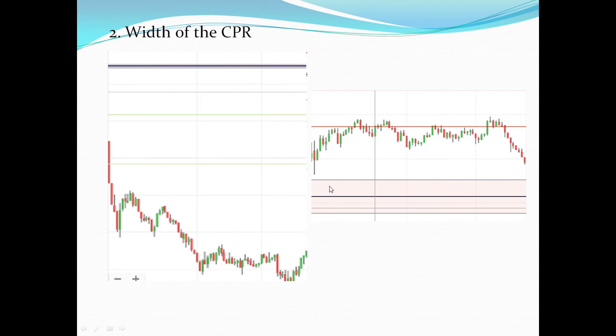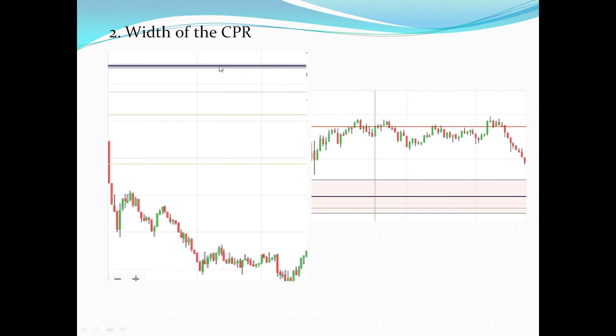If the trading activity is range bound, up and down, too much high value to low value, then it will be a wide CPR. It can be a moderately wide CPR also.